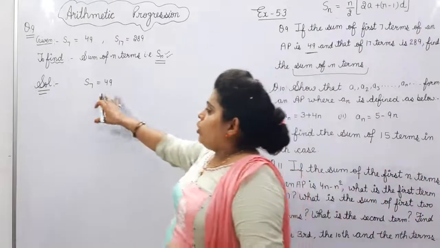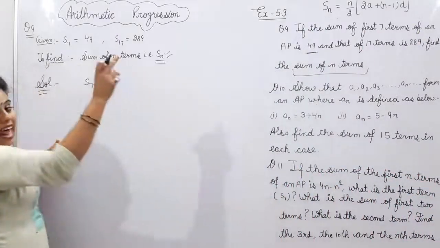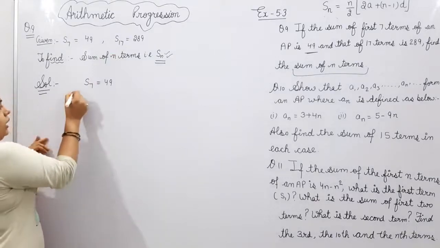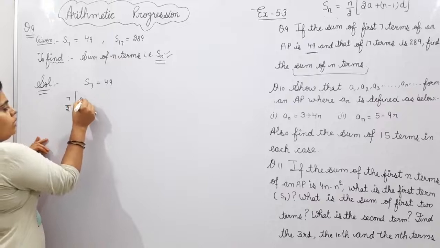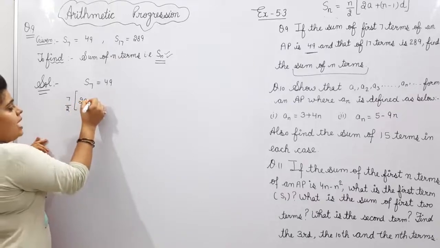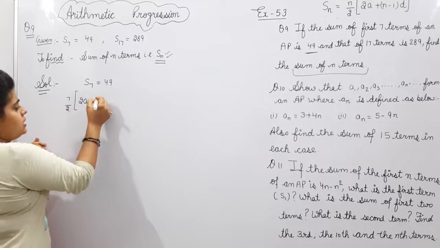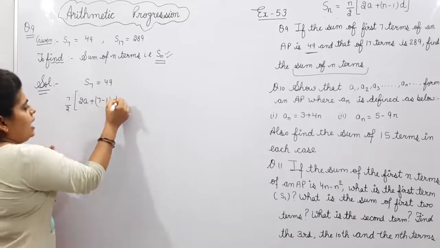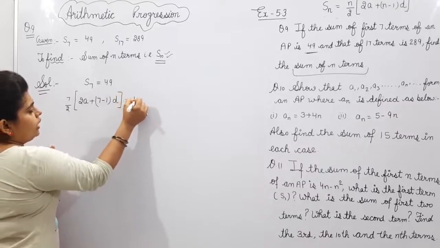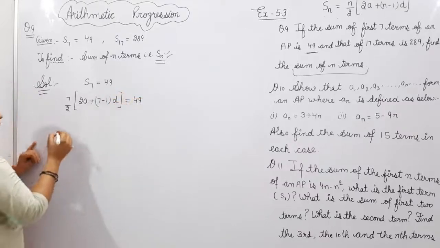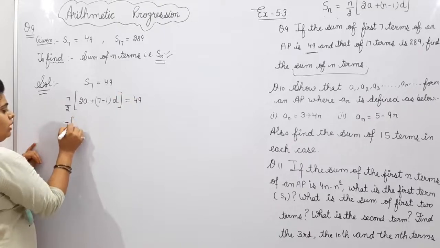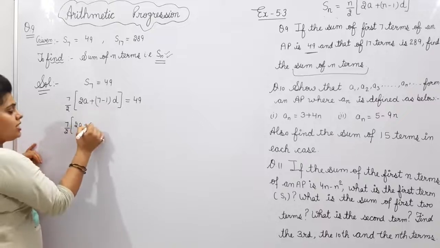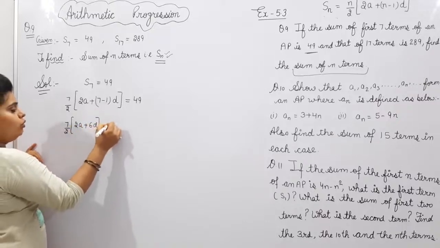Now, using this formula, S7 will be equal to n by 2, means 7 by 2, into 2a plus n minus 1, means 7 minus 1, into d, and it is equal to 49. From here, 7 by 2 into 2a plus 7 minus 1, 6d, is equal to 49.